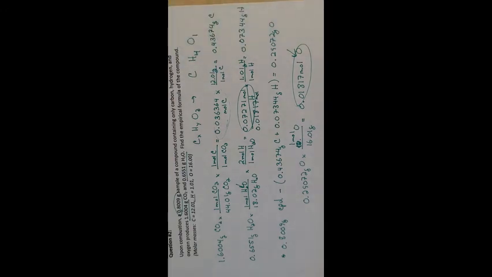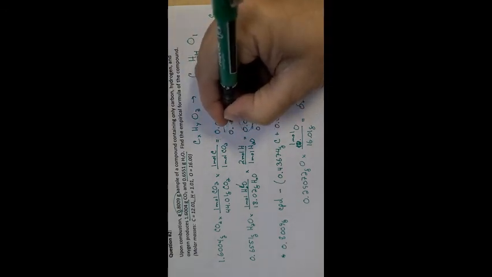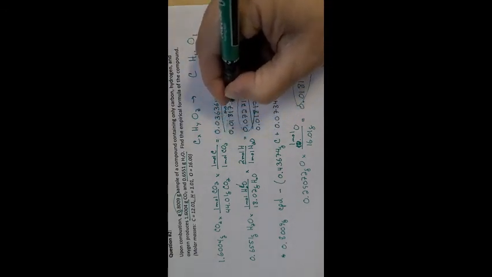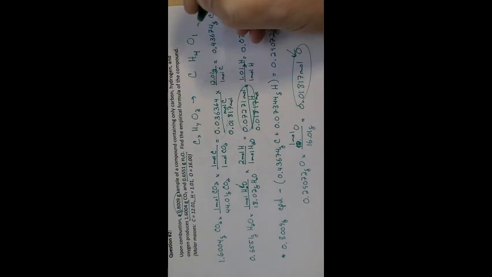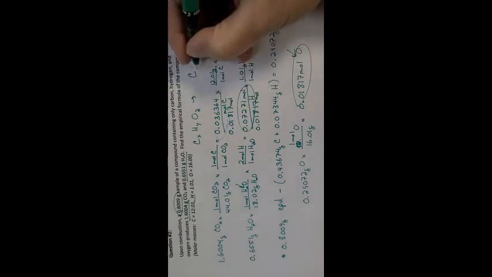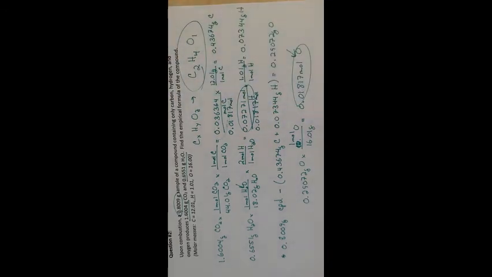It's pretty close to 4. And if we divide our carbon by 0.01817 moles, we end up getting pretty close to 2. And there's your empirical formula.